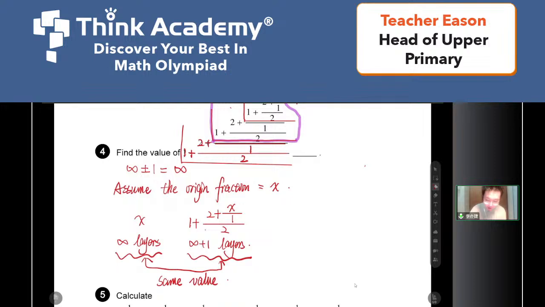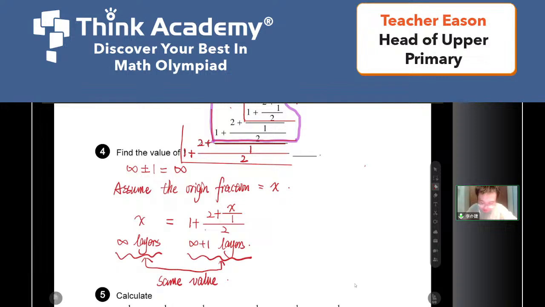Because this is still the infinite layer of the original fraction, it also has the value of x. This is the characteristic of infinity: if we add a new pattern or remove a pattern from it, the value does not change.